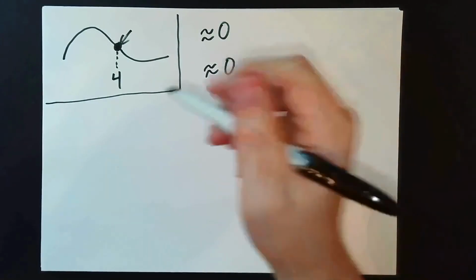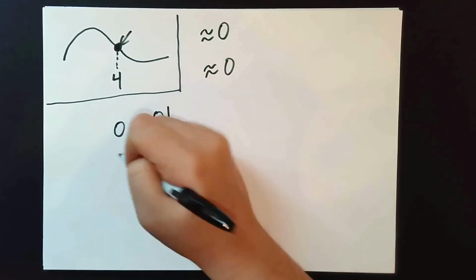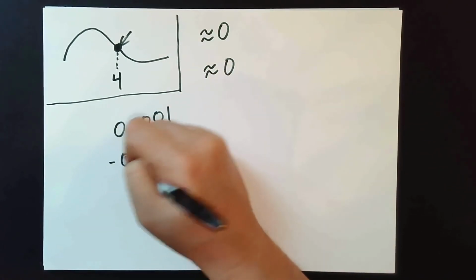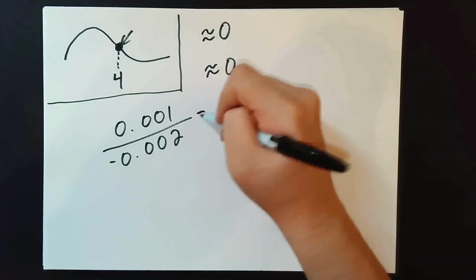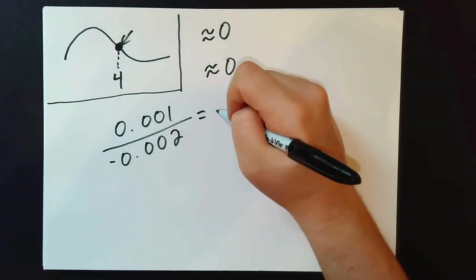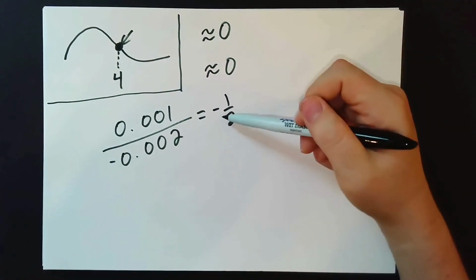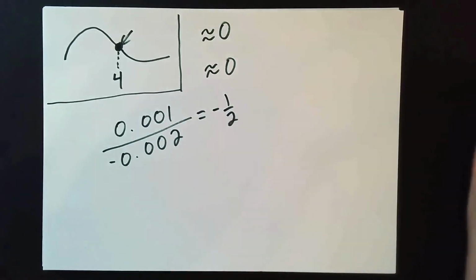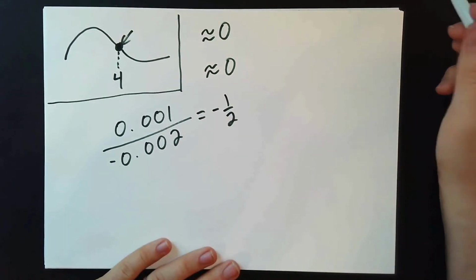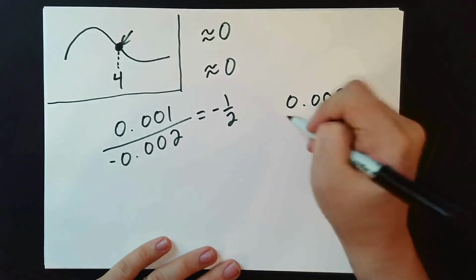And here's why. Here's two numbers that are about 0. What's that? Well, that's minus a half. That's plausible. So if you divide two numbers that are close to 0, you could get minus a half. Okay. Just as easily, you could take something like this.